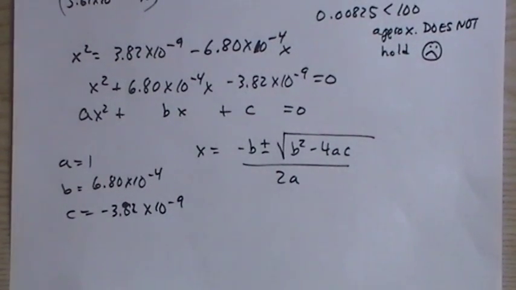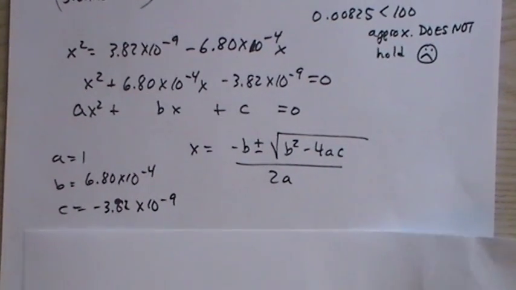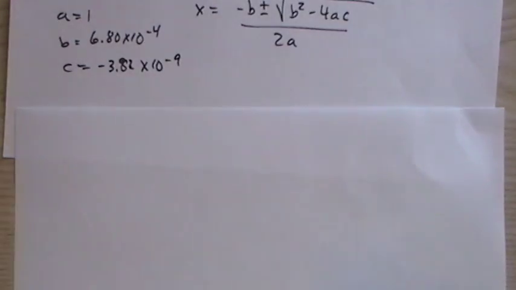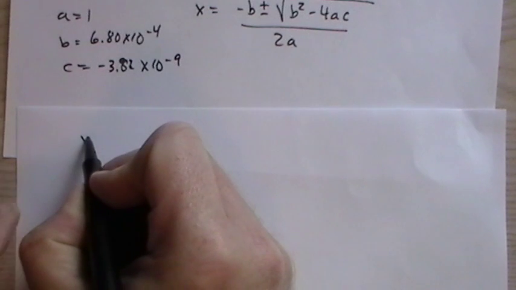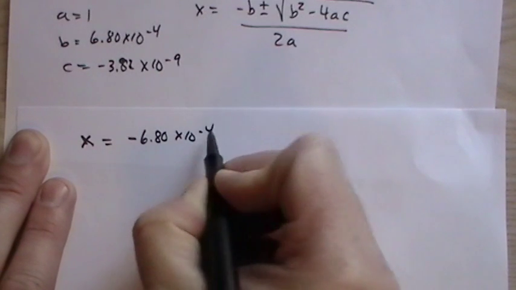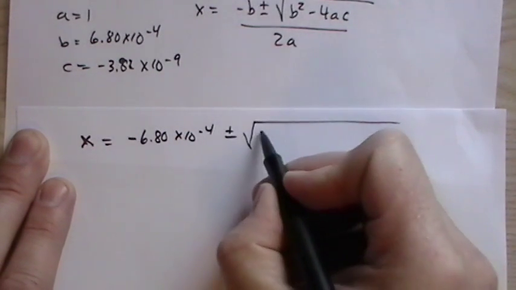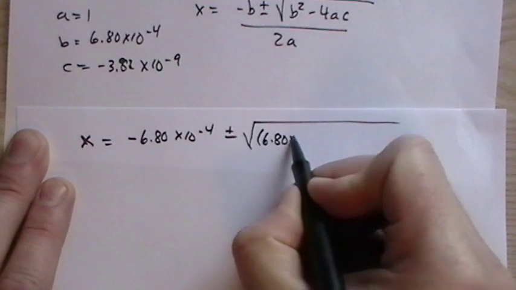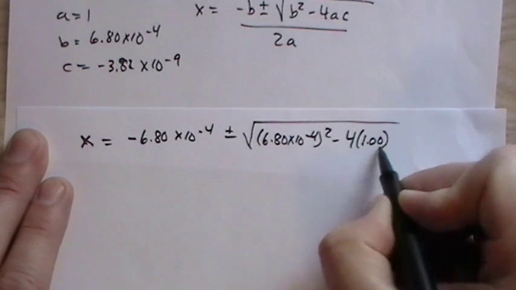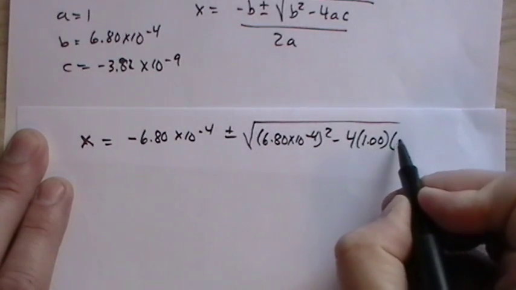I'm going to have to switch over to a different sheet of paper here. Let me just transfer everything over. So it's negative b. Okay, so x is equal to negative b plus or minus the square root of b squared minus 4a, and a is 1, we can call 1.00, and then c.